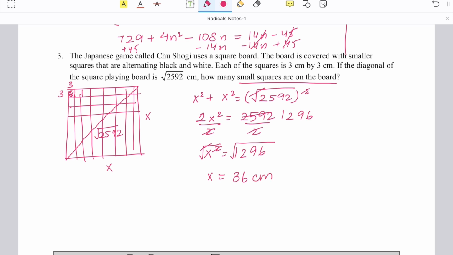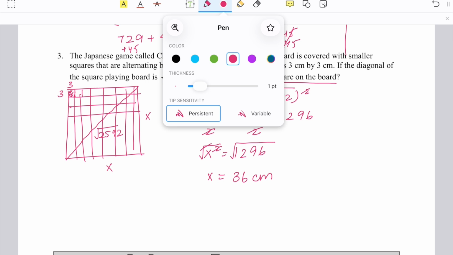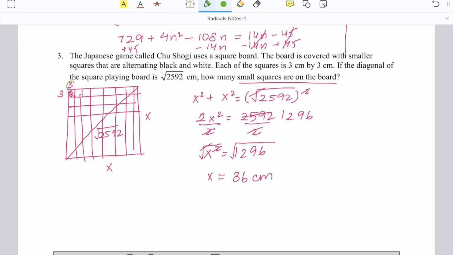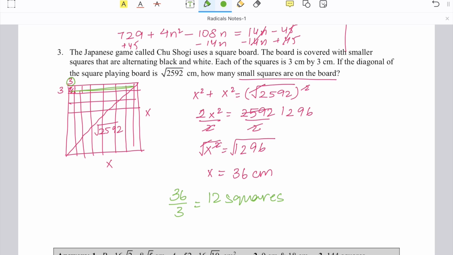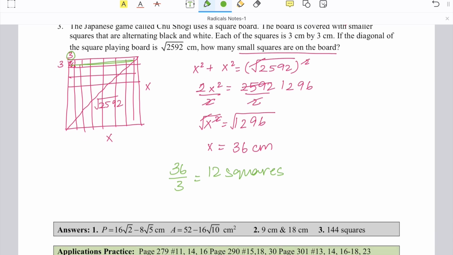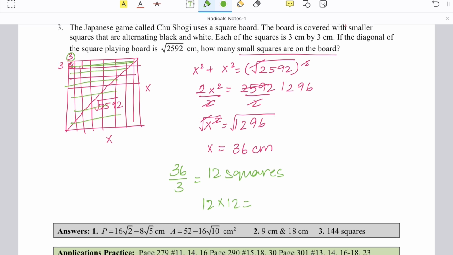Now we know that on 36 centimeters there are squares of 3 centimeters, right? To figure out how many squares are on one side, we'll do 36 over 3, which is 12 squares on one side. To figure out how many are on the whole board, it'll just be 12 times 12, which will give us 144 squares in total.